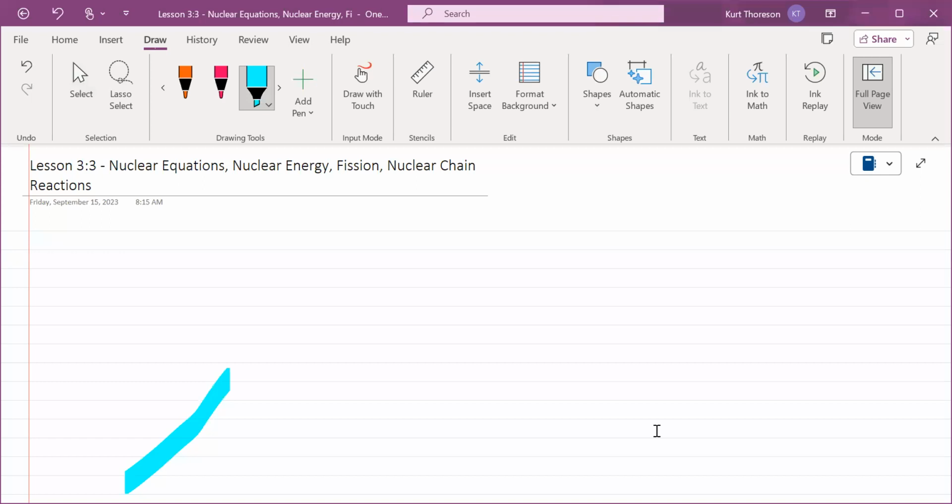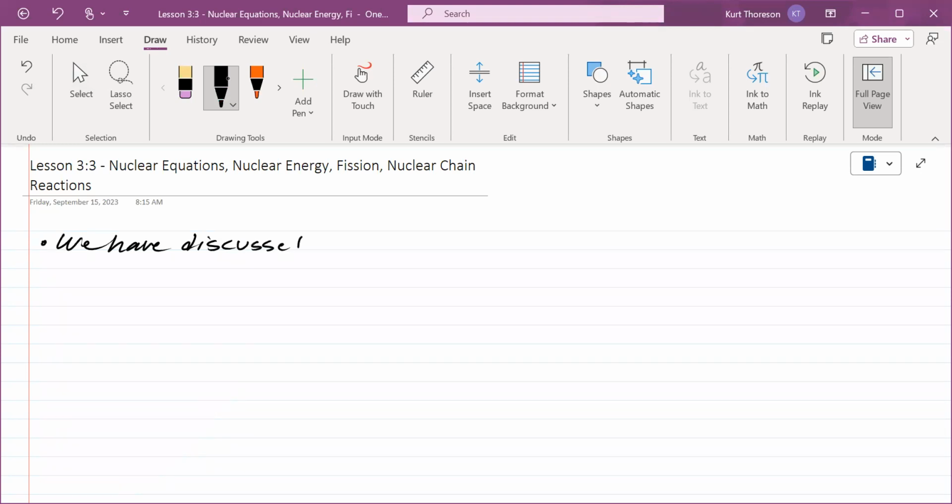Madeline, can you remind me, what is the purpose of an unstable nuclei to go through decay? That's it. So to cover our bases, guys, we have discussed what Madeline just said.